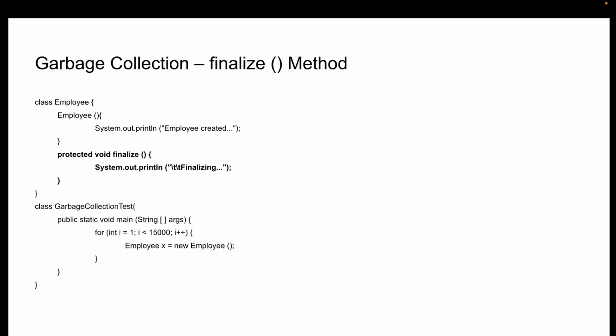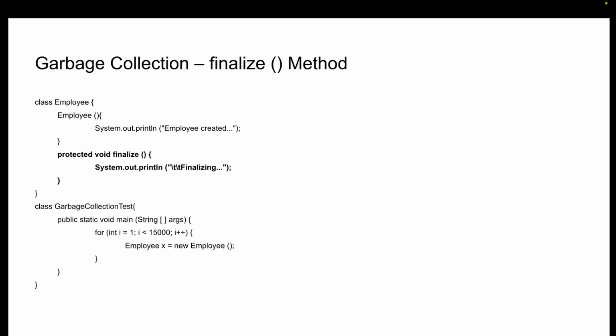Suppose one example is opening a database connection. There's another example: suppose you have some file on your system and that has some contents. You want to read the contents of that particular file. Then there are streaming operations, file input output operations.